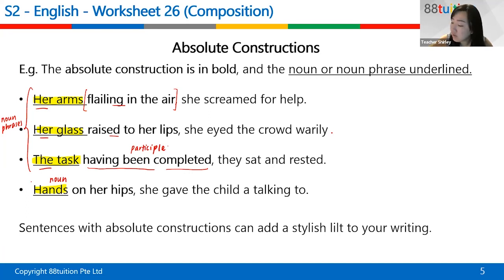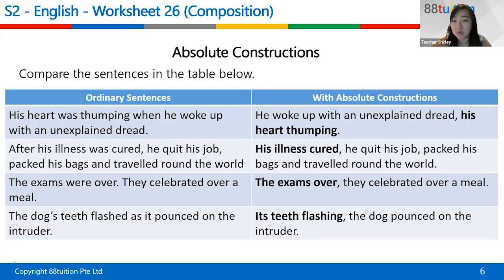So the subject is hands on her hips. Okay, so sentences with absolute constructions, this is what we call absolute constructions, can add a stylish lilt to your writing. Can be a bit more stylish. Like I said, it's really to vary the different sentence structures.